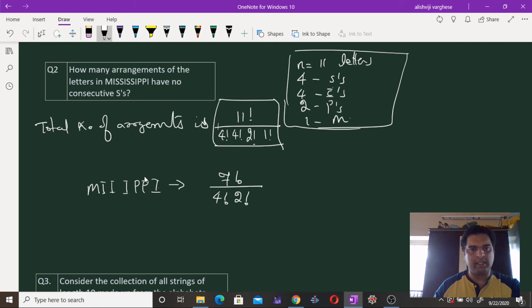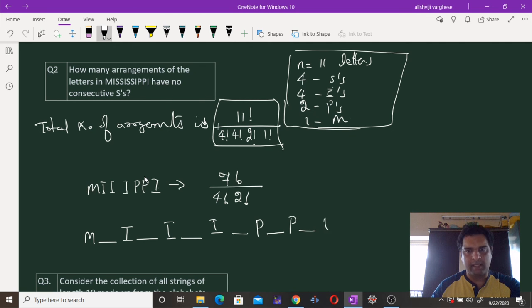Now we have to insert the S in between these letters. So let us consider an arrangement: M, then a blank position, I, then a blank position, I, a blank position, P, blank, P, then blank, I. Then we can add the S at the starting position as well as the ending position.